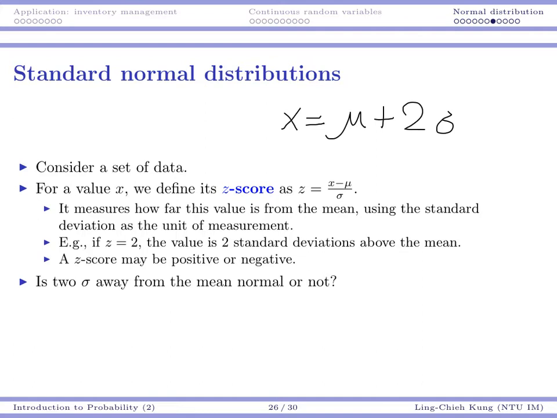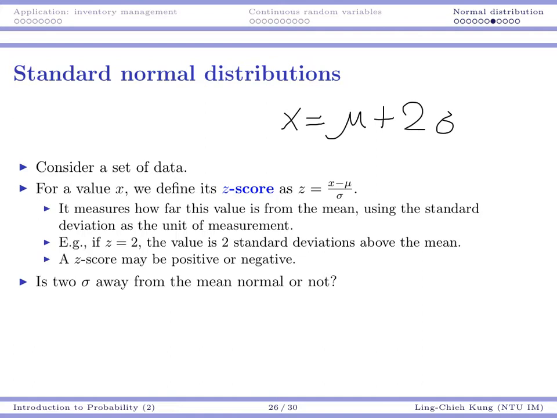One of them is, why do we care about the z-score? The z-score is very useful because it provides a measurement from the center that can be compared across different data sets. Some data sets have values that are just large, some have values that are just small.